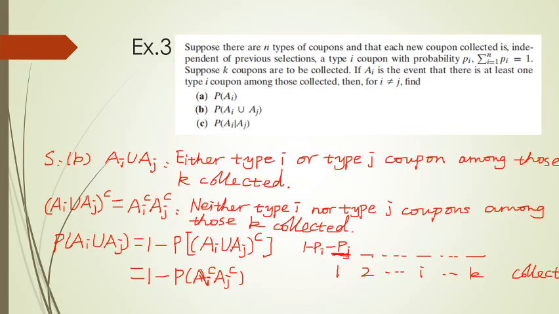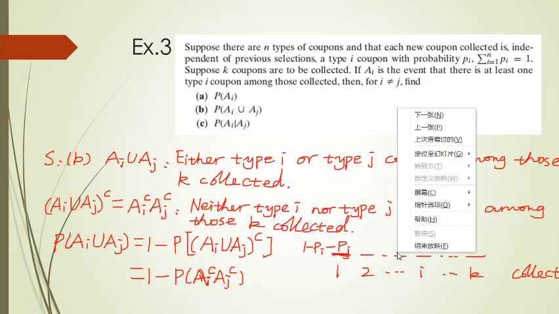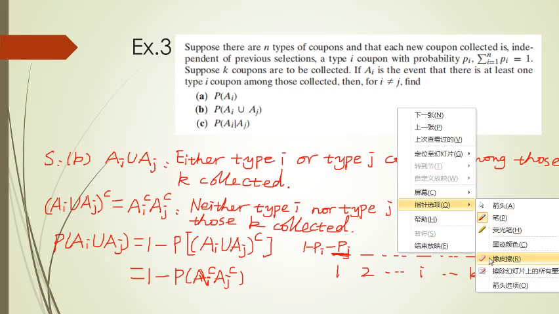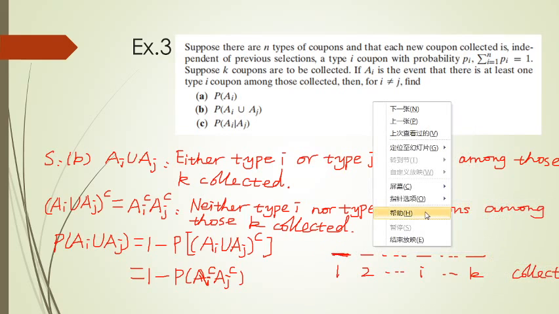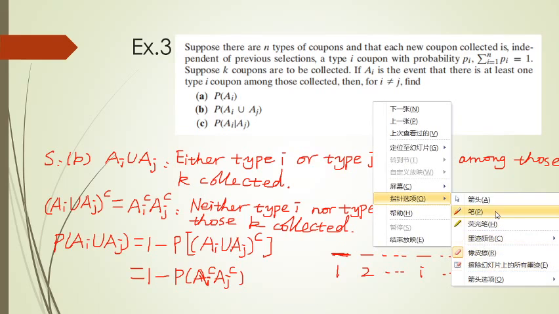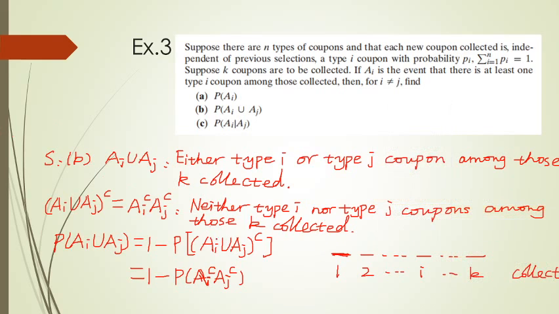How about the second one? The second one is the same, right? Let me write here. So for the first one, not I and J, you are going to choose the other n-2, then the probability will be subtract Pi and Pj from 1, right?